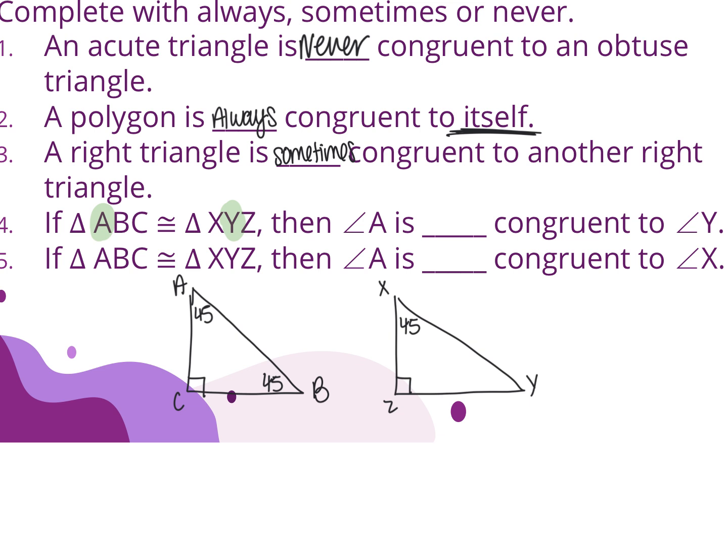I heard someone say it. Who said it? What would the measure of Y be for this triangle XYZ? So doesn't that make A and Y congruent? So what would my answer be for this one? Sometimes. This one would be a sometimes.